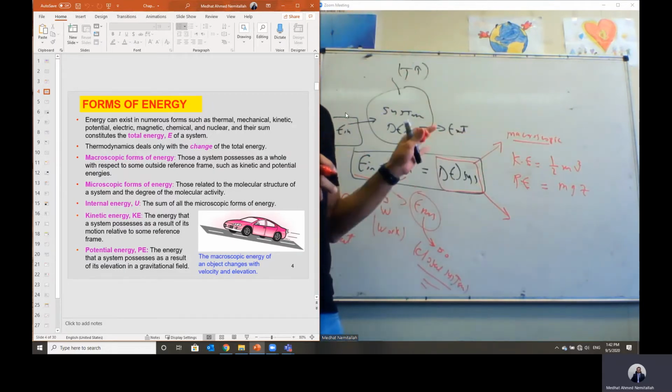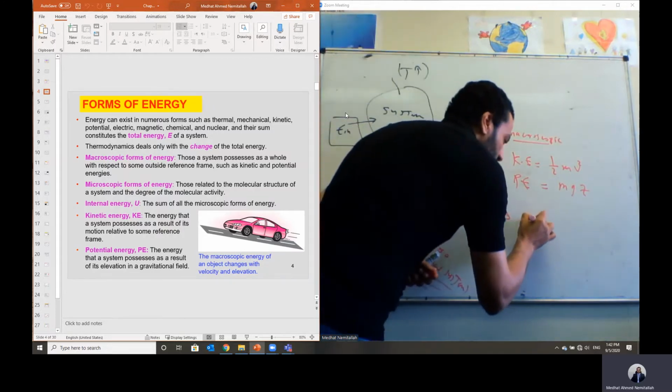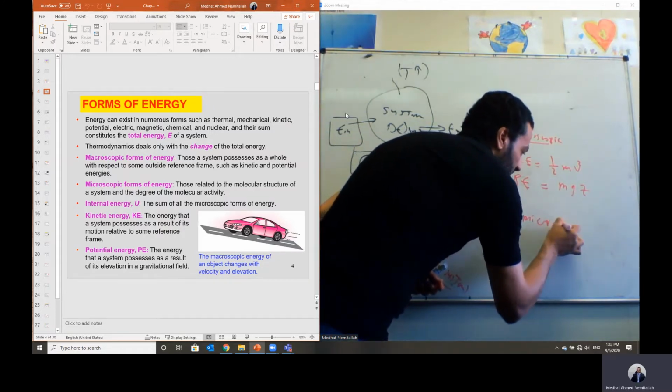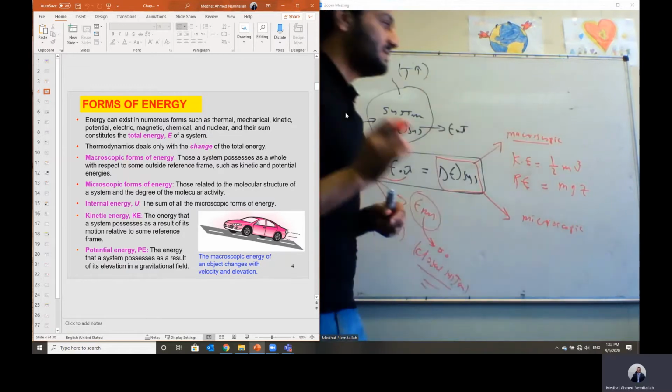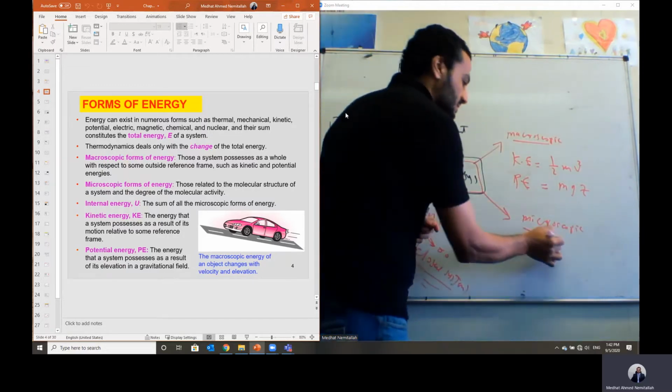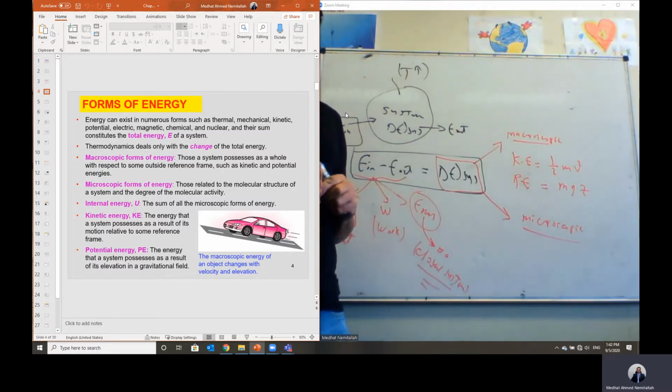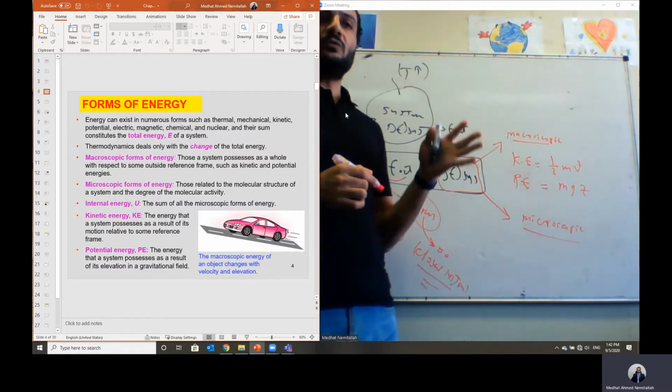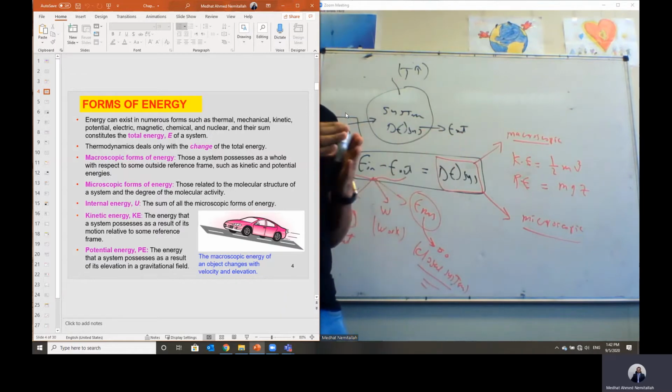There is another form of energy called the microscopic form, or the internal energy of the system, related to the temperature of the system. Microscopic energy is related to the molecular activity of the system. Molecules can have kinetic energy, translational motion, rotational motion, and vibration.